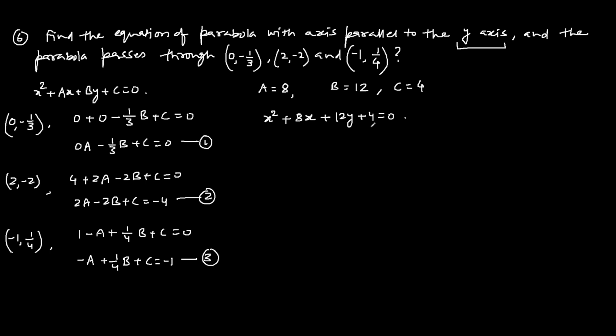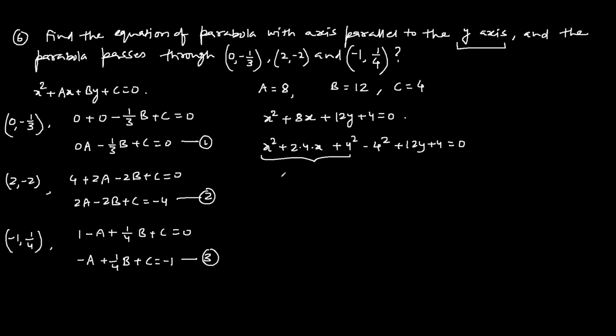Now we can find out the vertex and focus of this parabola. So this is x square plus 2 into 4 into x. Because of this 4, add 4 square and subtract 4 square. Then 12y plus 4 equal to 0.